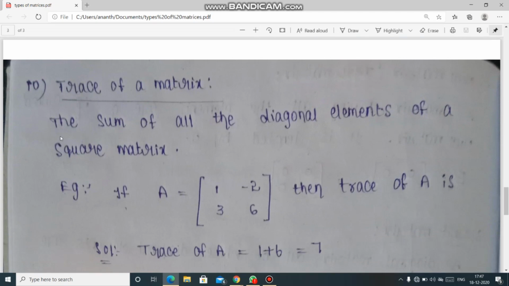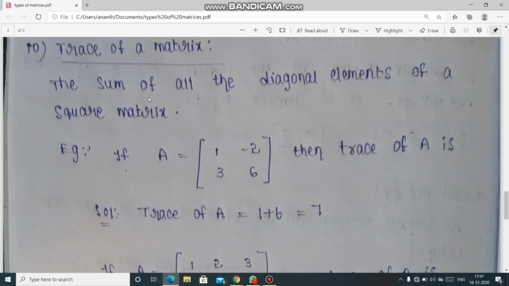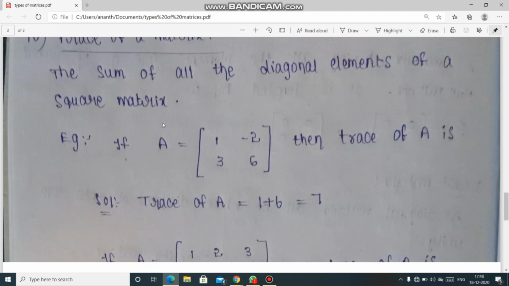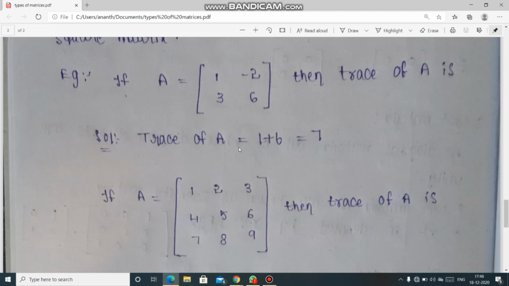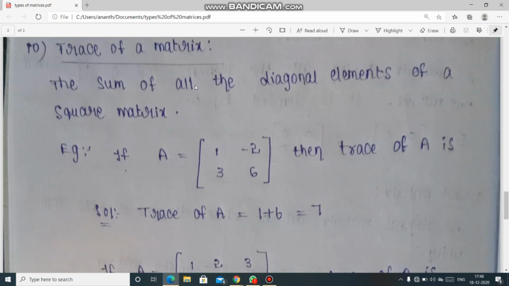And the 10th one, trace of a matrix. The sum of all the diagonal elements of a square matrix is called the trace of a matrix. For clear understanding, an example: if A is equal to 1 -2, 3 6, then what is the trace of A? Solution: we know that the trace of A is the sum of all the diagonal elements of a square matrix.